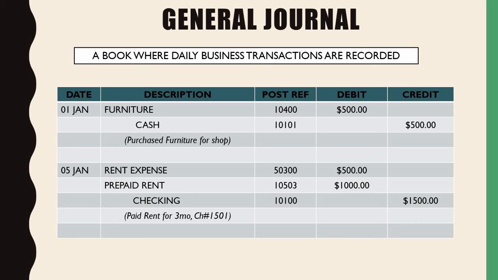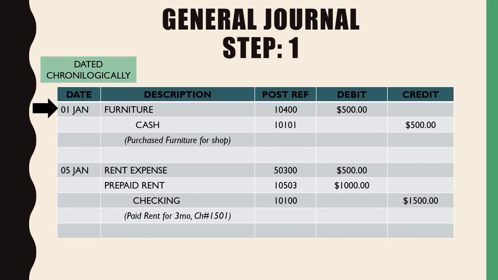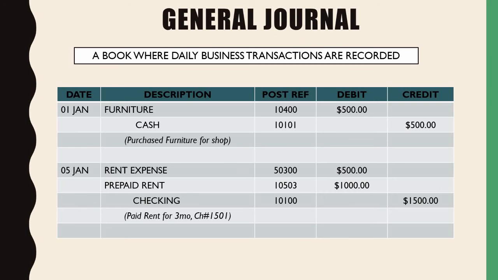So let's talk about the general journal. This is what the general journal would look like. A general journal is just a book that allows you to record your daily business transactions. Here are 2 examples of what a journal entry would look like in the general journal.